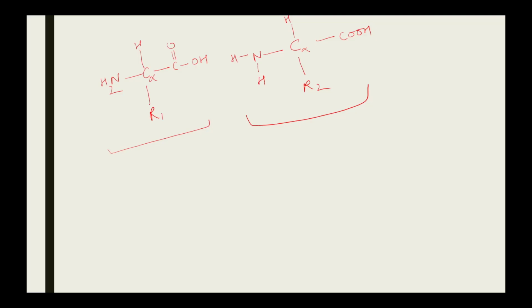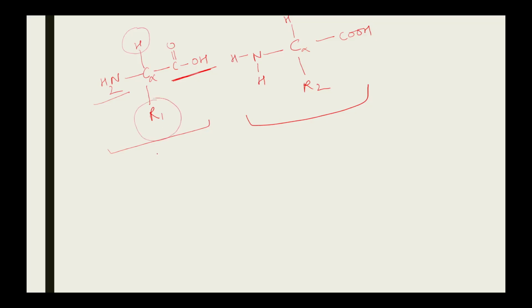So this is a dehydration reaction. During this reaction, one amino acid gives the carboxyl group. In an amino acid structure, we have one carboxyl group, an amino group, hydrogen and an R group.